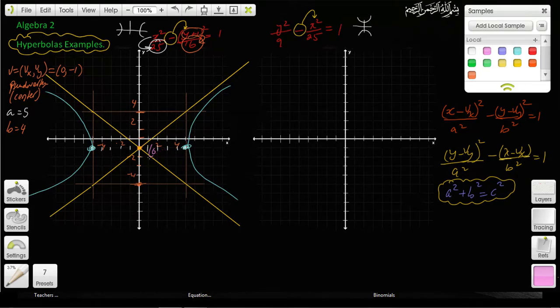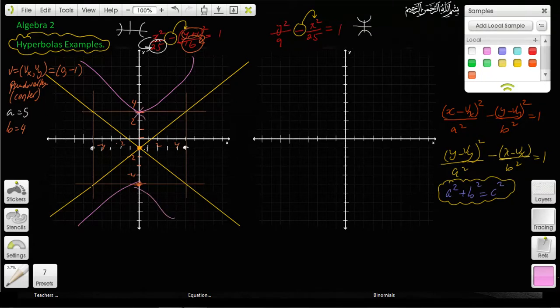If you plug in the 0 over here, there's nothing that corresponds to the y. There's no corresponding value for y if this was a horizontal hyperbola. On the other hand, if this was a vertical hyperbola, if you plug in 0, you should get those two values, this one and this one.